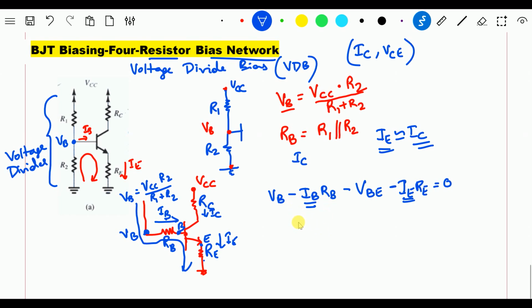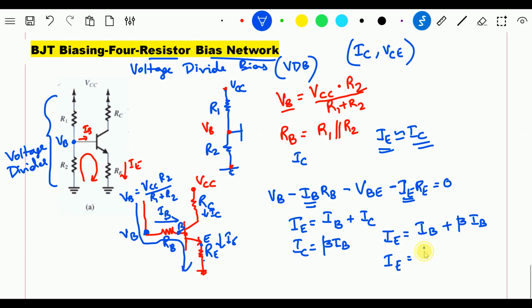We know from earlier that IE equals IB plus IC, and we also know that IC equals beta times IB. In such case, my IE will be equal to IB plus beta times IB. So I can easily say that IE equals IB into beta plus 1.